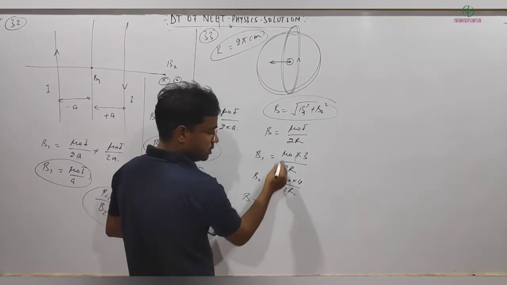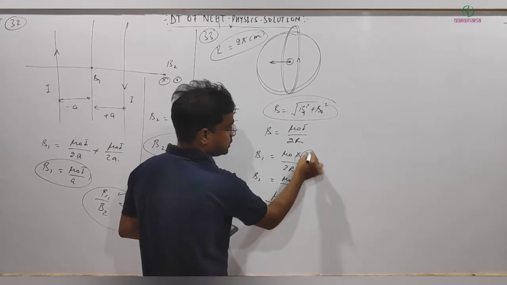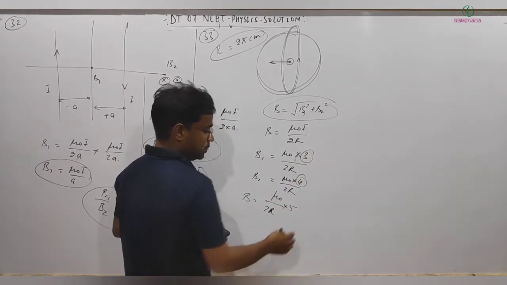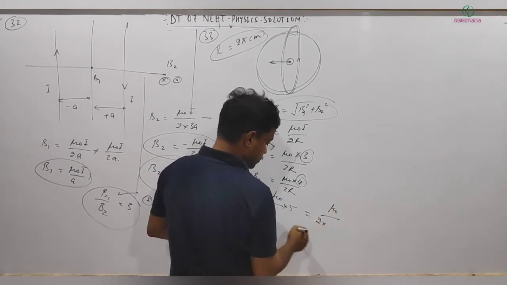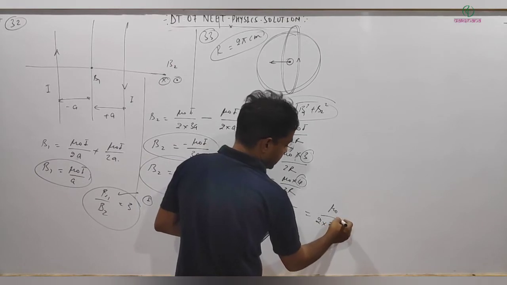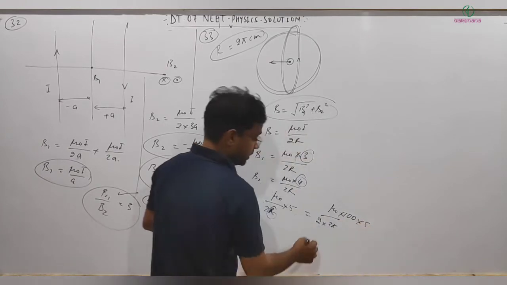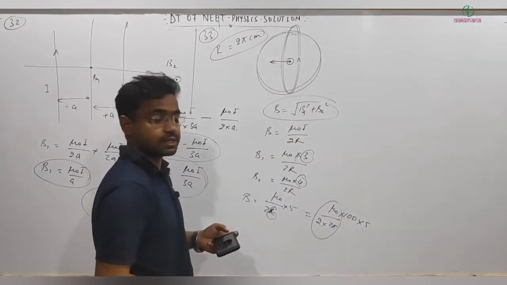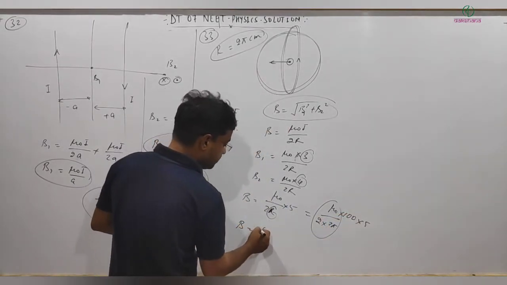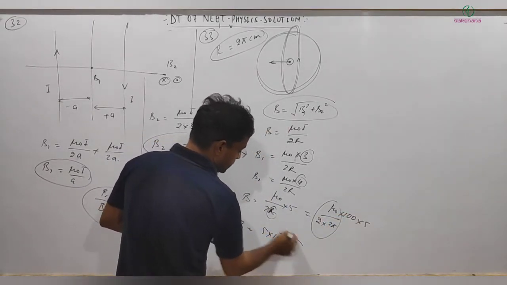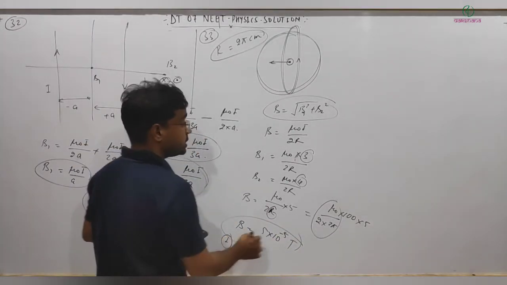So B resultant is equal to mu naught by 2R multiplied by under root 3 square plus 4 square, that is 5. Simplifying, mu naught divided by 2R with R given as 2 pi by 100, multiplied by 5, and this is 10 to the power minus 7, so B comes out to be 5 into 10 to the power minus 5 Tesla. That should be the answer, which matches option 1. That is question number 33.